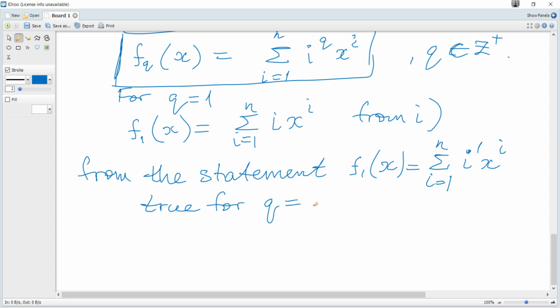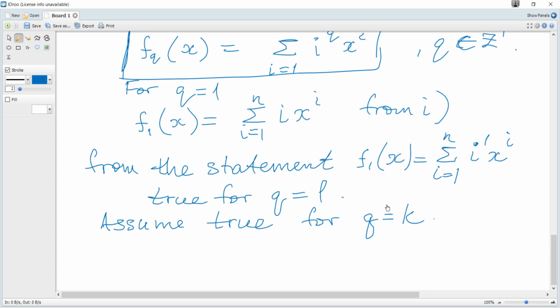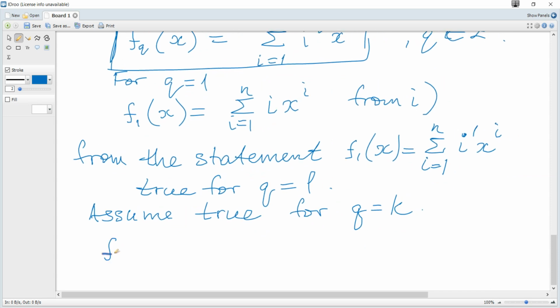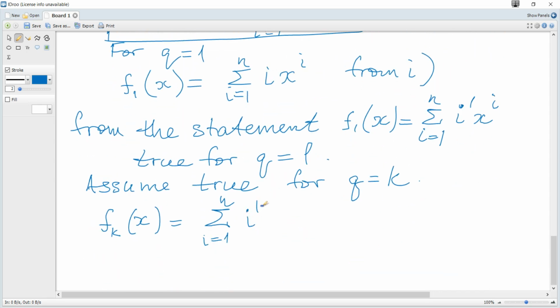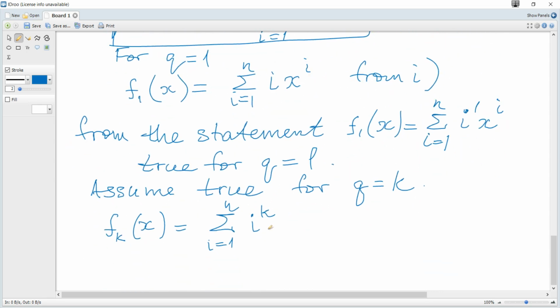for q is 1. The next step is as usual, where I assume true for q is k, and it becomes fk of x is the sum for i from 1 to n, i to the power of k x to the power of i.